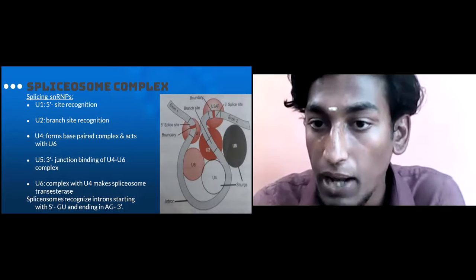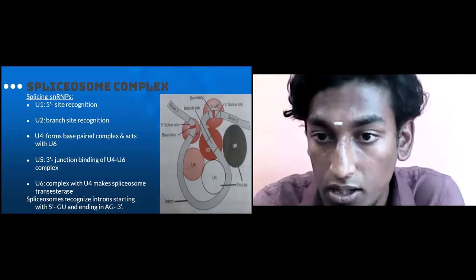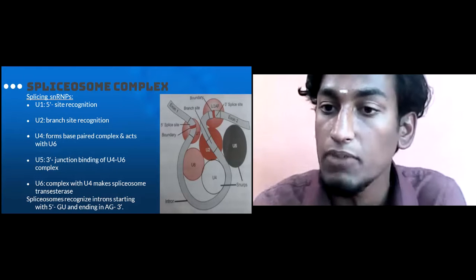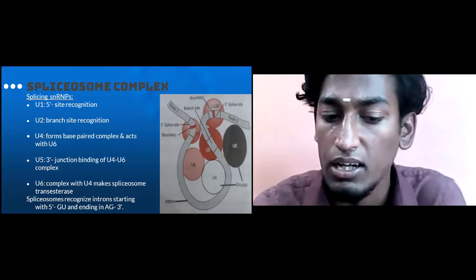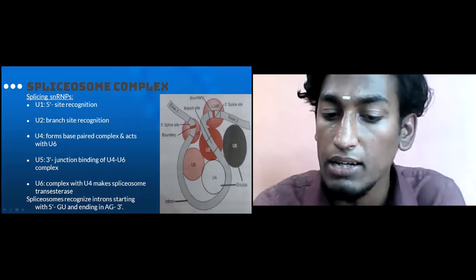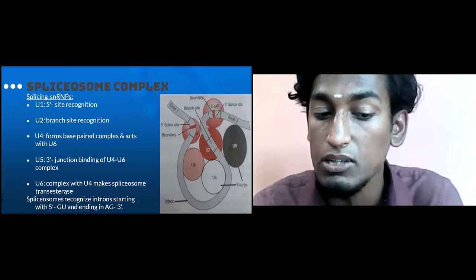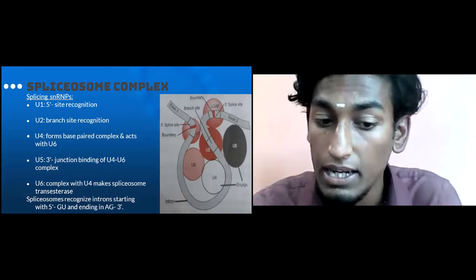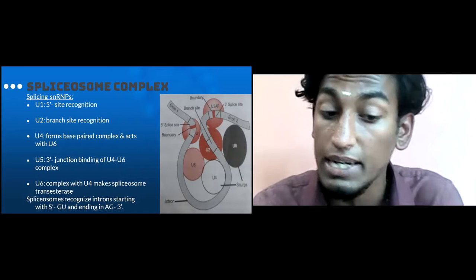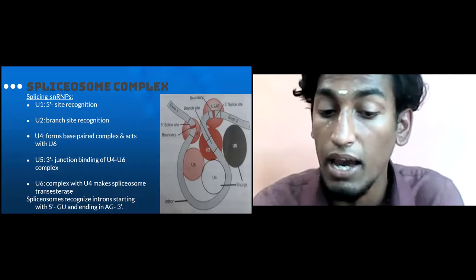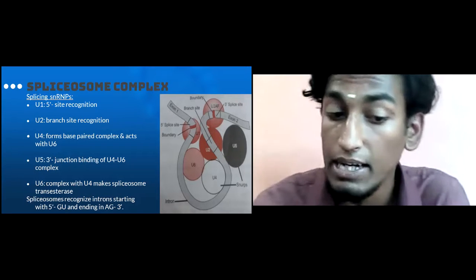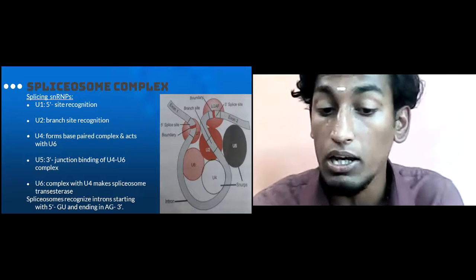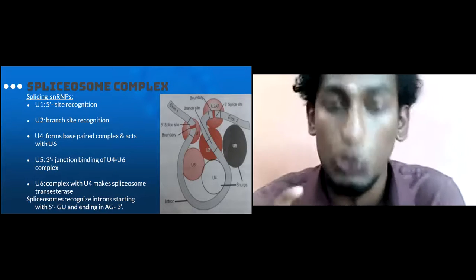And we can see the branch site here. The mature mRNA, consisting of the exons spliced together, is exported to the cytoplasm, where translation occurs. A cut is made at the 3' splice site in the second step of splicing, and simultaneously the 3' end of exon 1 is covalently connected, or spliced, to the 5' end of exon 2.